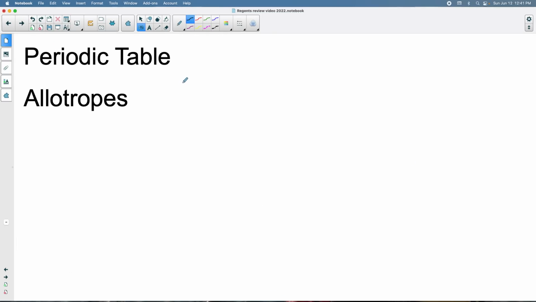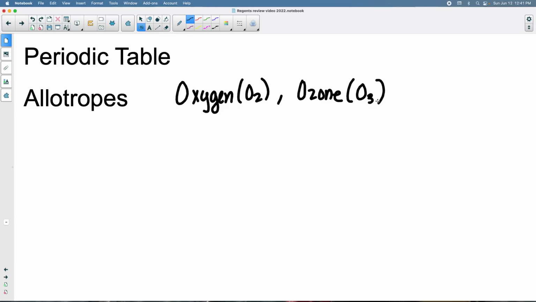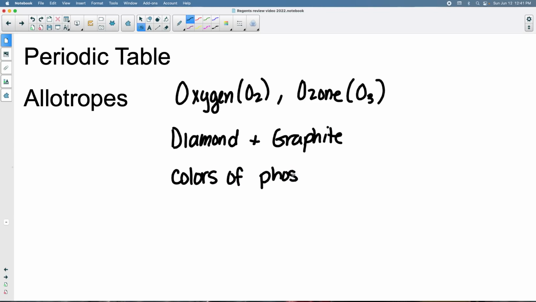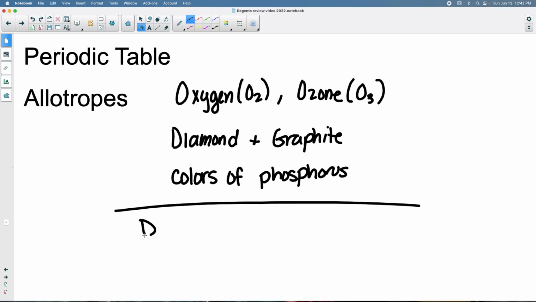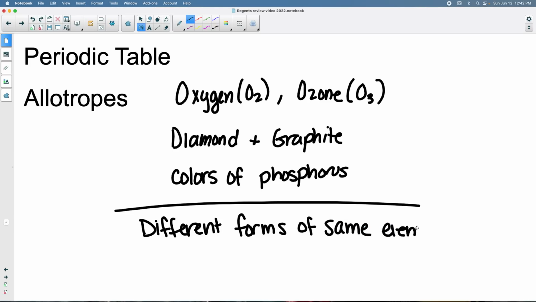Periodic table allotropes, this is going to be like oxygen, which is O2, versus ozone, which is O3, or if they mention diamond and graphite, or they mention the different colors of phosphorus. I think I spelled phosphorus wrong, don't judge. They are different forms of the same element, okay?